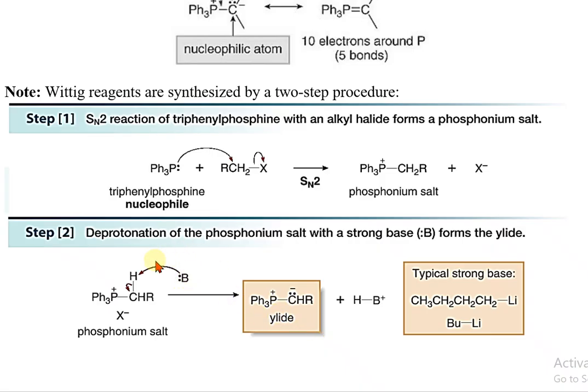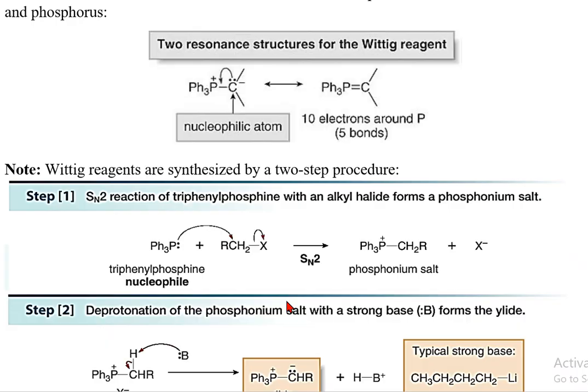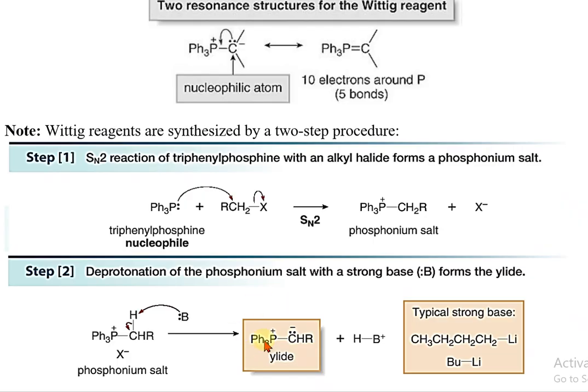The base used to remove a proton from the phosphonium salt is typically a strong base, like butyllithium. This base removes this proton to produce the phosphonium ylide, which is called the Wittig reagent.